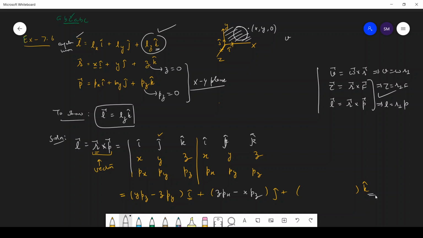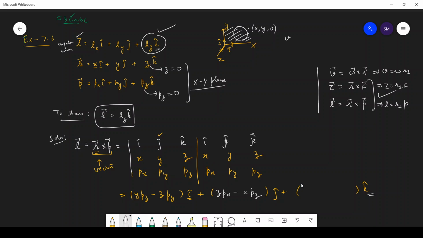Now k, so let's move forward. So keep on moving forward. So x into py minus y into px. I hope all of you have understood how to write it. So this k cap, this I have removed.